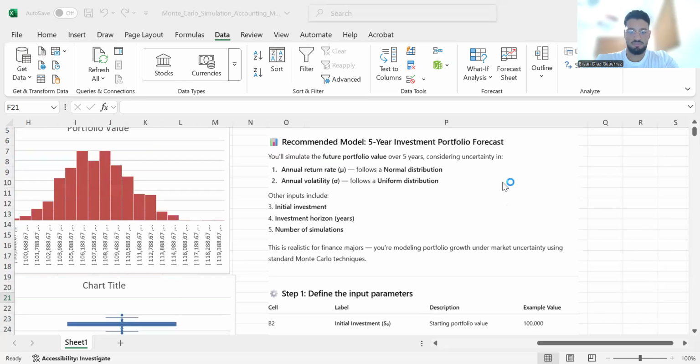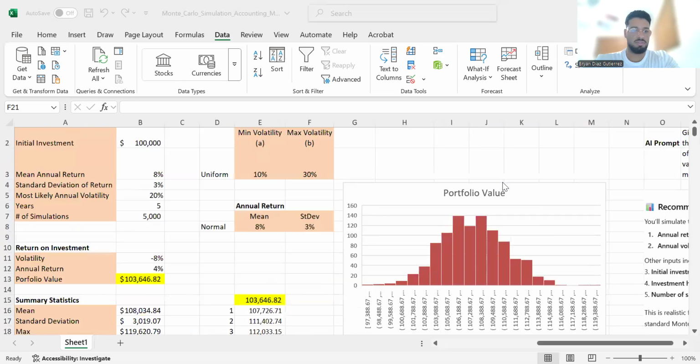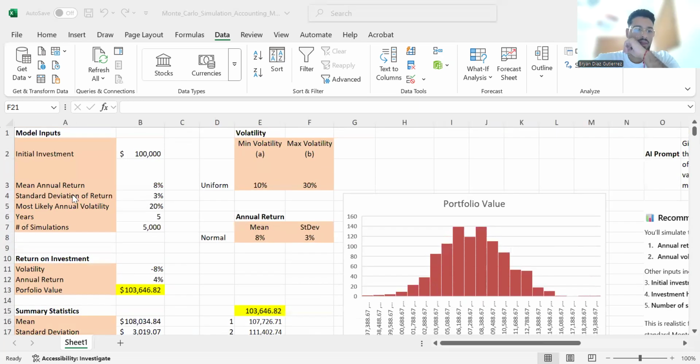And the inputs that they gave me were the following: initial investment, mean annual return, standard deviation of return, minimum and maximum annual volatility, years, and number of simulations.